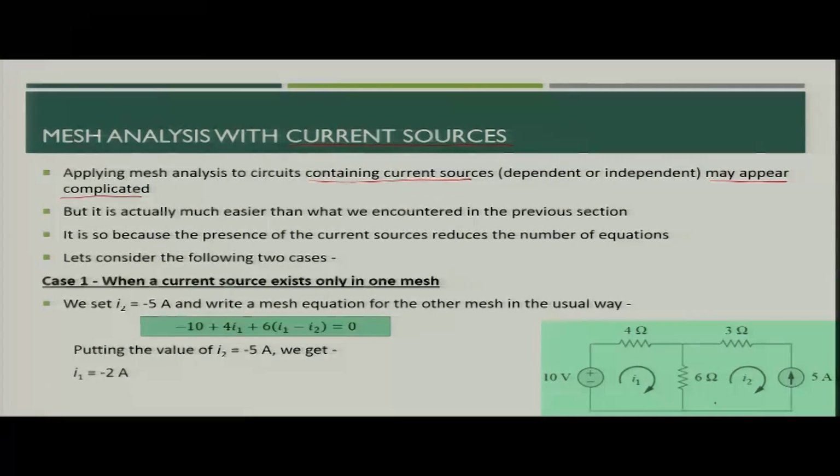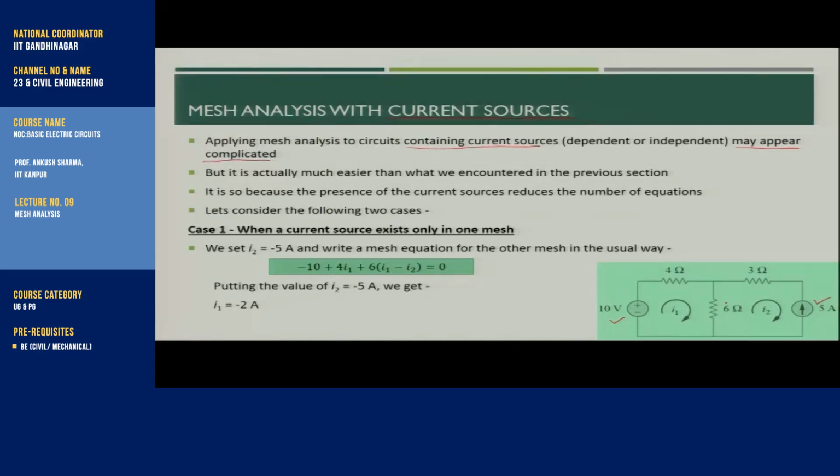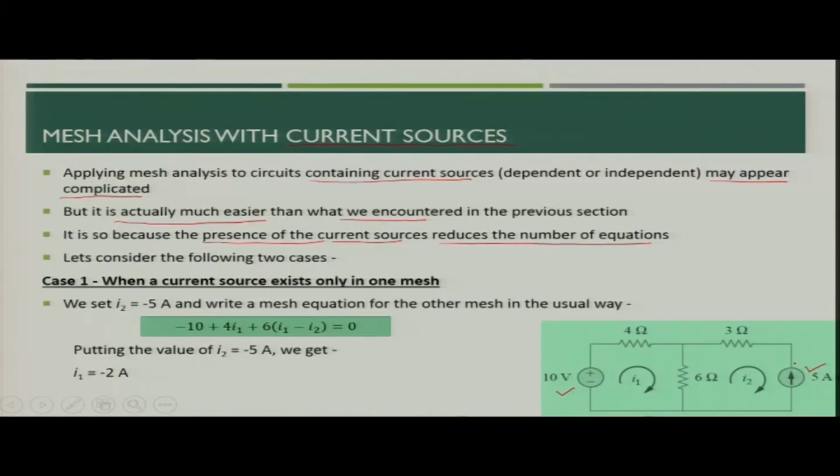If you see this figure, where a current source is there and a voltage source is also there, at first instant you see that this is a little bit complicated circuit and difficult to solve, but actually it is much easier than what we discussed till now. How? Because the presence of the current source reduces the number of equations. So, because of this the number of equations would be reduced and it is much easier to solve these kinds of circuits.